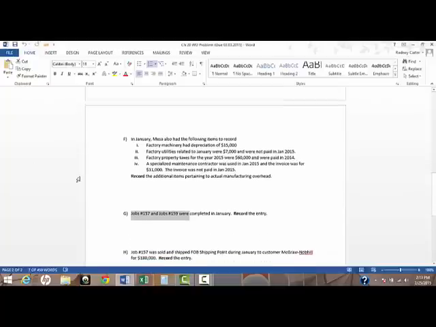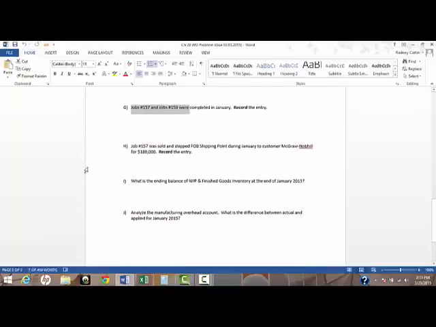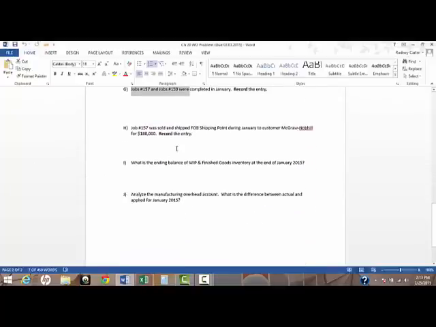Now, let's go to item H. Item H shows us that job 157 was sold and that we have shipped it as of January. The job has been shipped and sold per the language in the problem.